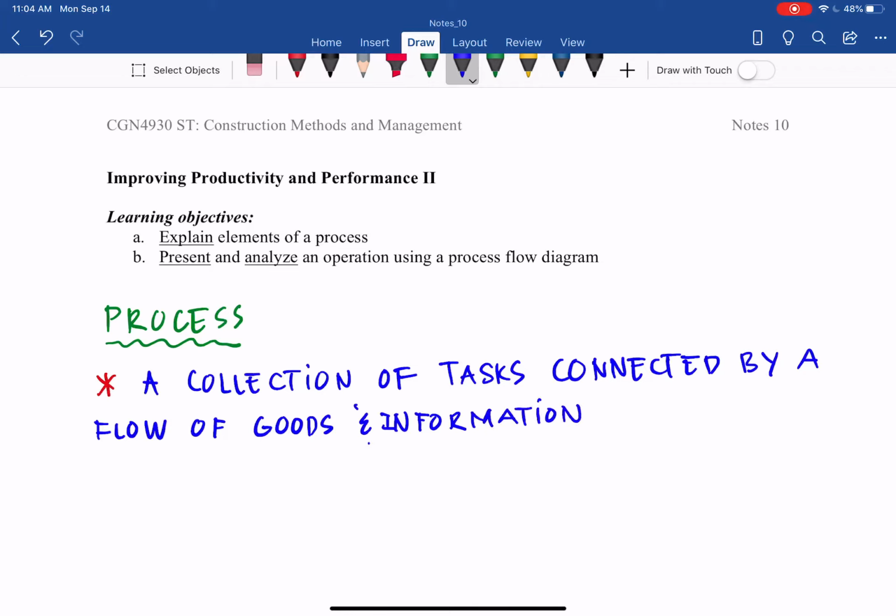So that it can transform the inputs to a more valuable output.